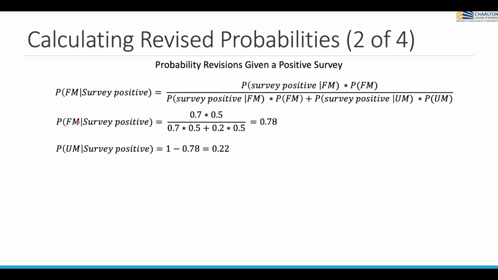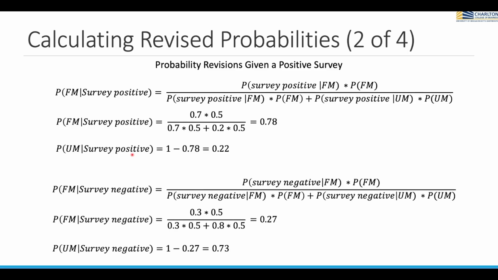The probability that the market is favorable, knowing that we get positive feedback from the survey or from the sample, is equal to 70% multiplied by 50%, divided by 70% multiplied by 50% plus 20% multiplied by 50%. So there is a 78% chance that the market is favorable, knowing that the survey also gives positive feedback. And there is a 22% chance that the market is unfavorable, knowing that the survey is positive.